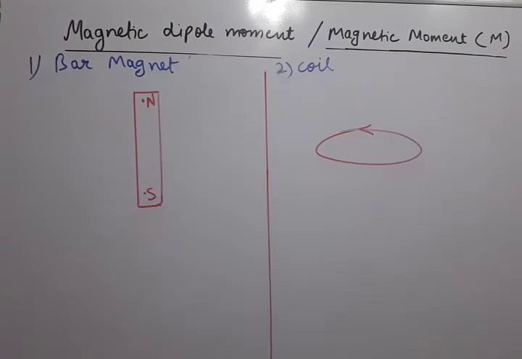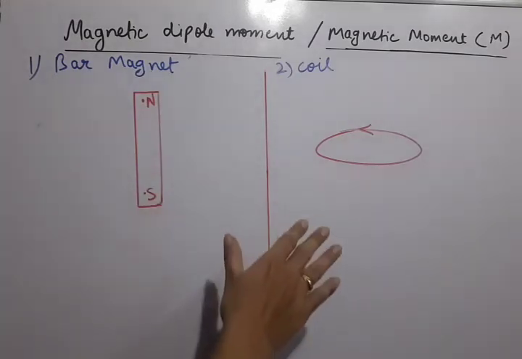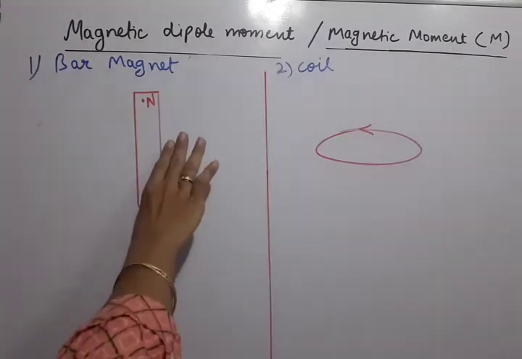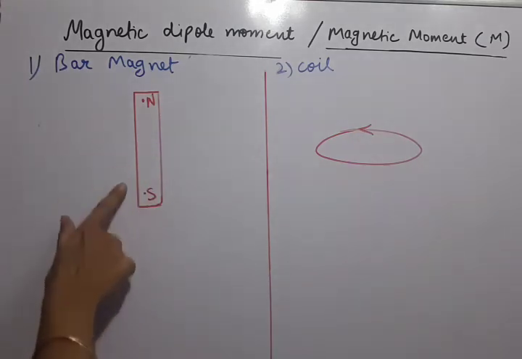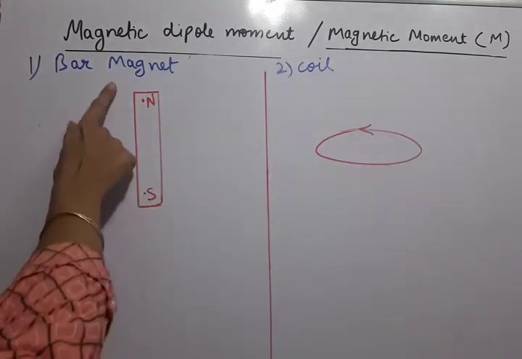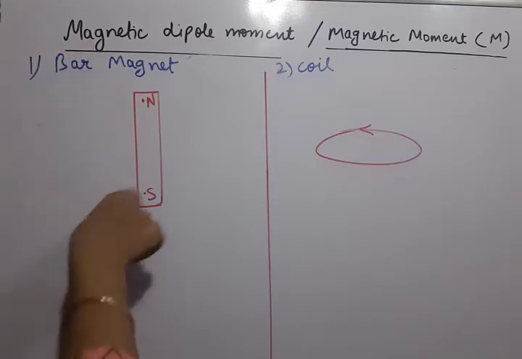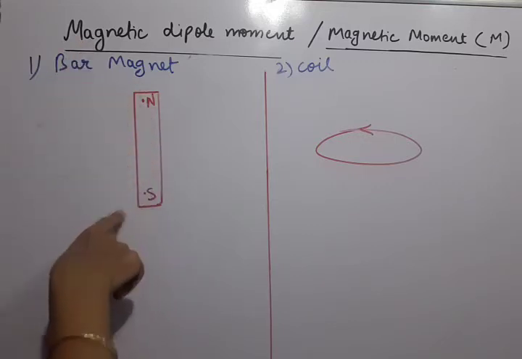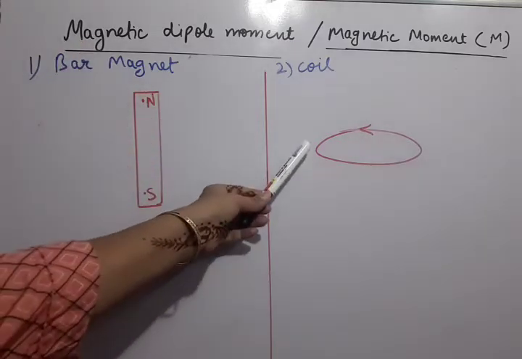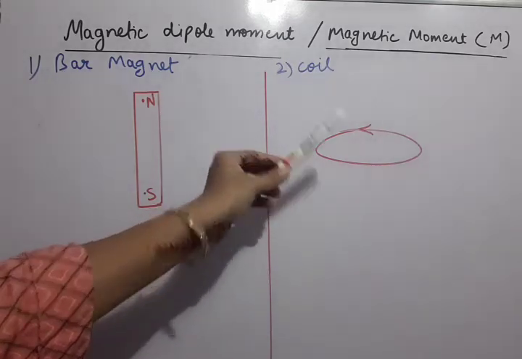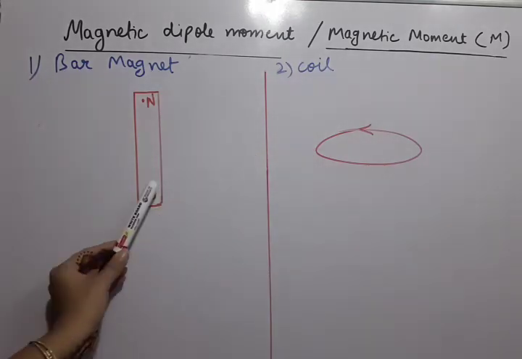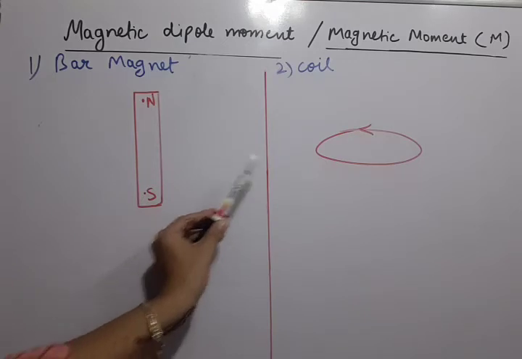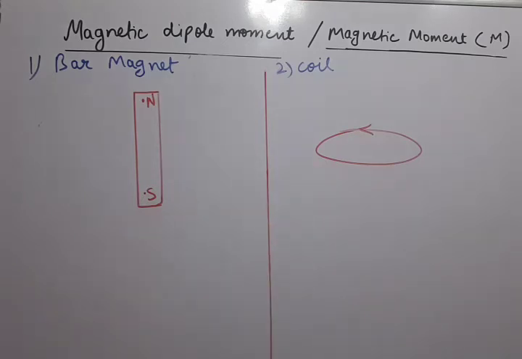Now let us understand the comparison. We know that a bar magnet is already having two poles, that's why it is called dipole, and that's why it will be having dipole moment. But how is this coil having two poles, and how is it having dipole moment? So we need to compare the two cases together. Let us start now.